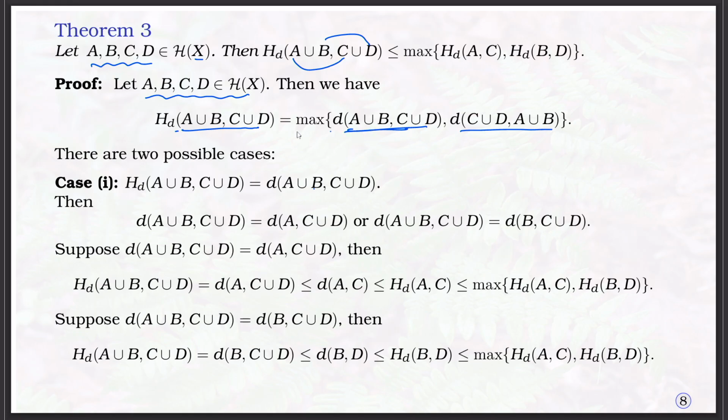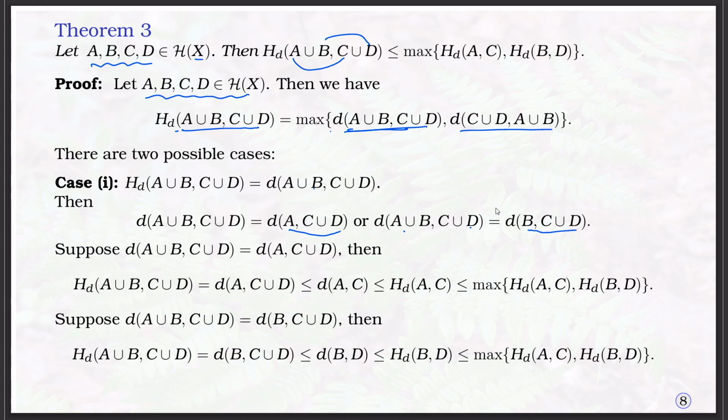Because we are choosing the maximum among these two, suppose this is equal to this number, then the distance between A union B and C union D can be written as the distance between A of C union D, or A of A union B or C union D, which is equal to the distance between B of C union D.